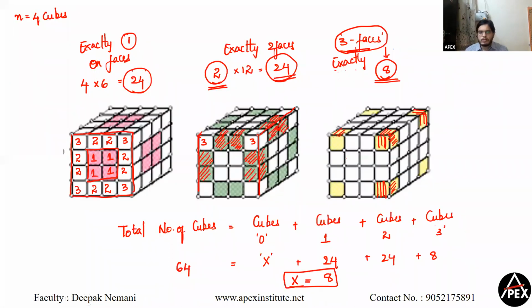These questions can be solved using formulas, but I want you to visualize this and first know the concept, and then we will discuss the formulas. Now let's solve this question using formulas.